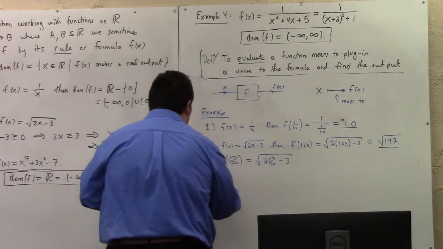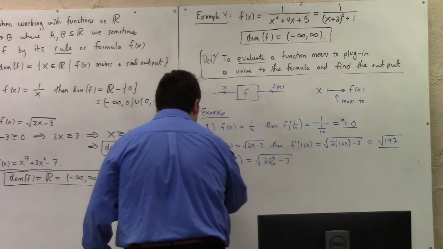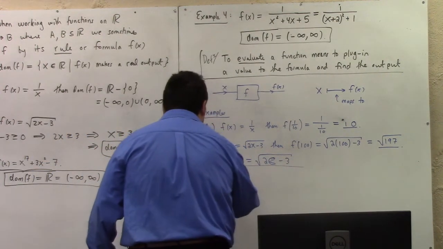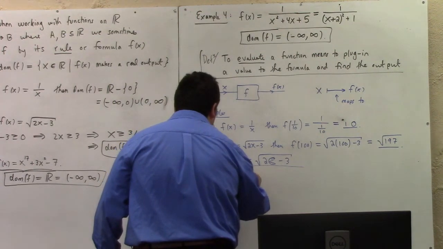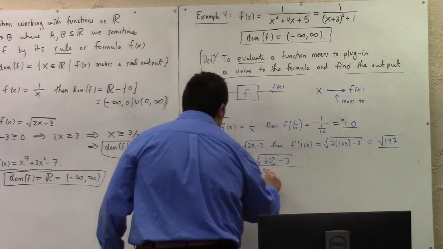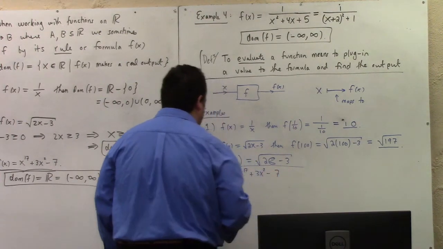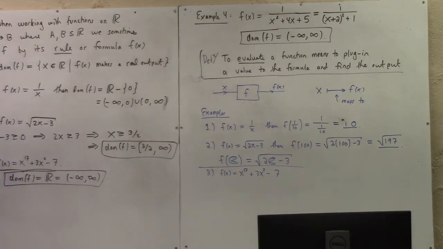For example, with my example 3, again, using f of x equals x to the 17th plus 3x squared minus 7, that one. Then if I was to calculate f of x plus h, what would that look like?